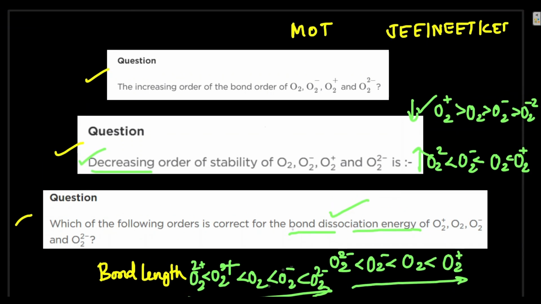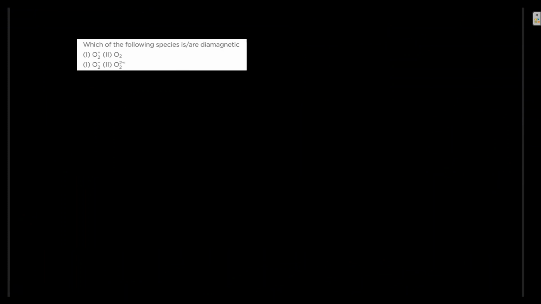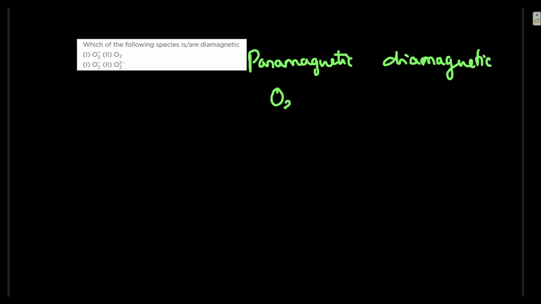Okay, so apart from this there will be one more type of question here. Which of the following species are diamagnetic? So there are two concepts called paramagnetic and diamagnetic. Again, what is the trick here? I am telling this trick only for these species. Remember, O2 is paramagnetic.